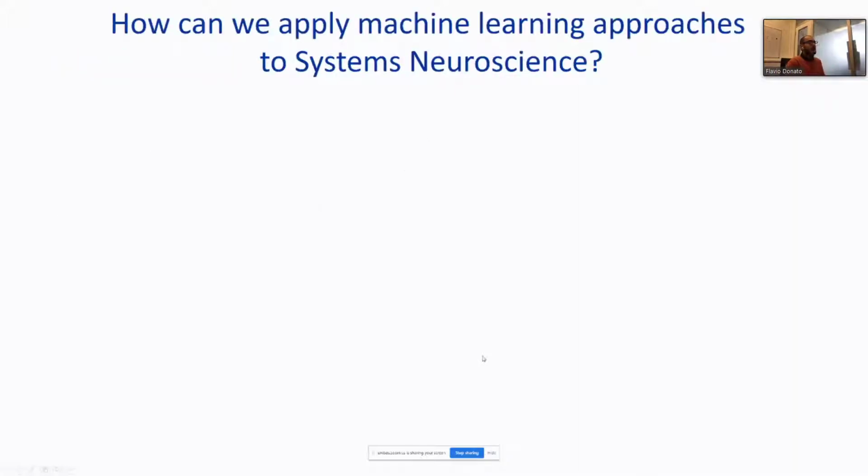Now, how can we apply a machine learning approach to systems neuroscience? On the second day we saw calcium imaging as a powerful method to record the activity of thousands and thousands of neurons. On Wednesday we saw the possibility of using the behavior of the animal to find what neurons in higher cognitive areas are tuned to, which means that we need to follow thousands of neurons in hours-long recordings while animals do stuff.